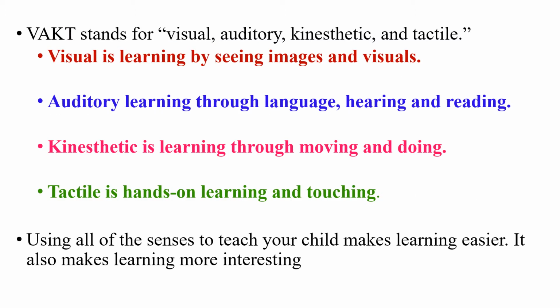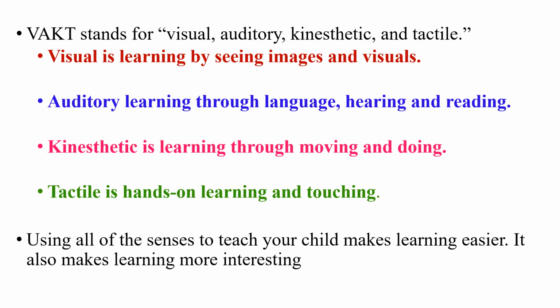In VAKT, V stands for visual. Visual is learning by seeing images and visuals. A stands for auditory. Auditory learning happens through language, hearing and reading. K stands for kinesthetic, learning through doing and moving or manipulating the objects or things around the person in the environment.